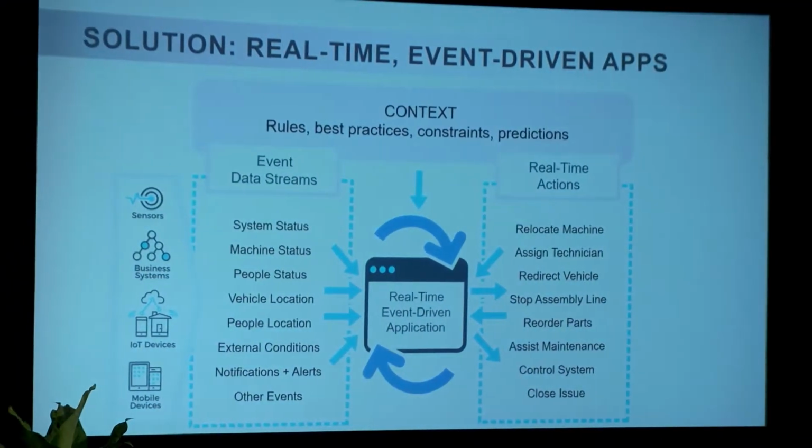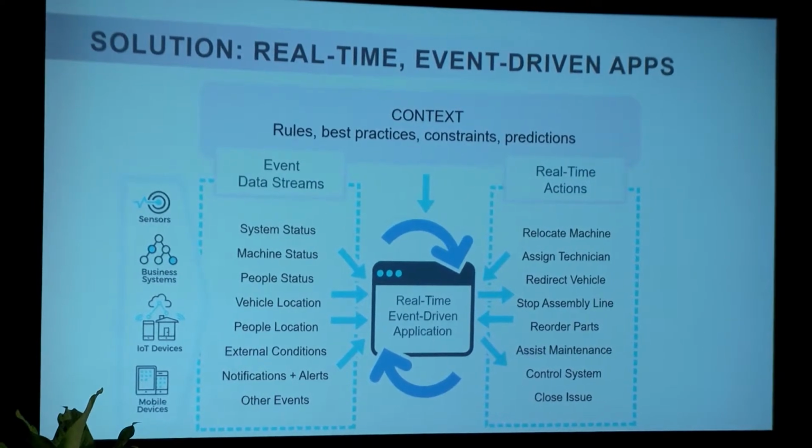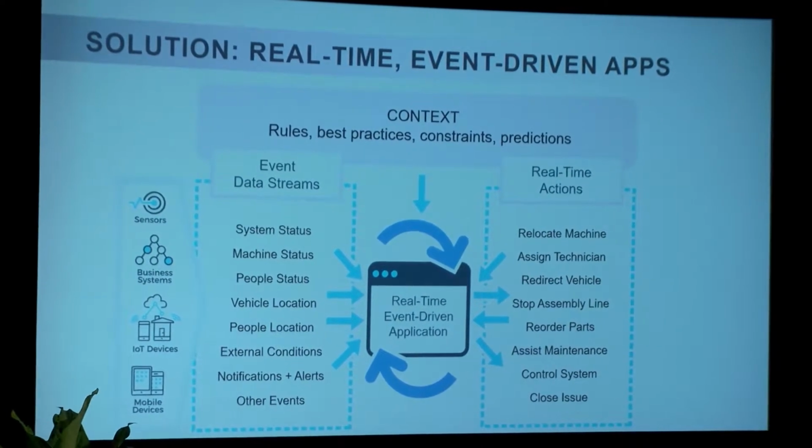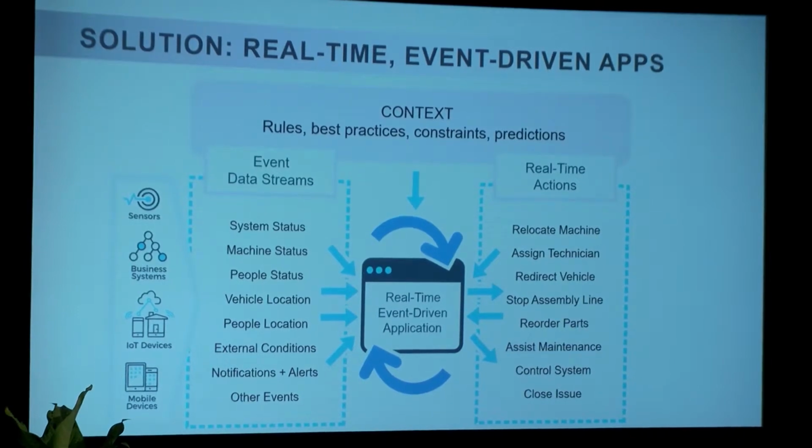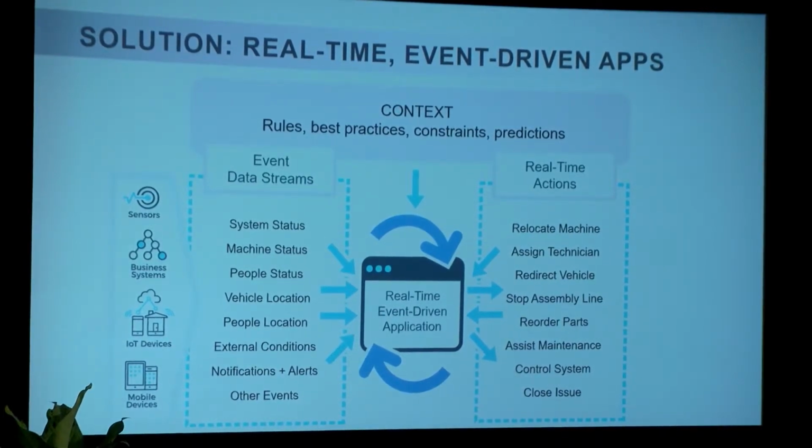So you have context in the application. And then finally, as I said, you enable the actions to be taken while the data is still flowing in, right? This is actually not a left-to-right flow, because taking of the actions is also an event. It's causing the system to change. And so as the actions are taken, you're continuing to process the data and orchestrate the system in real time.